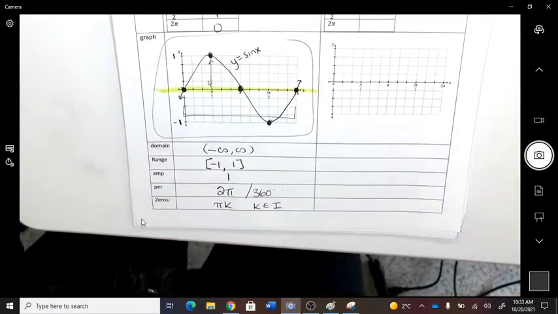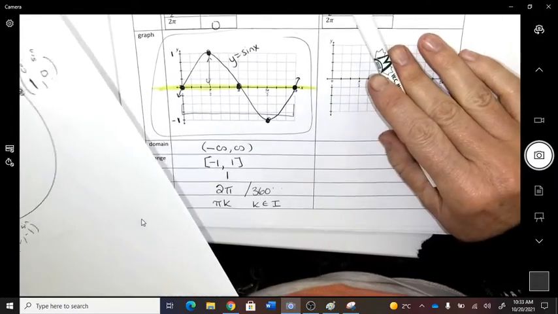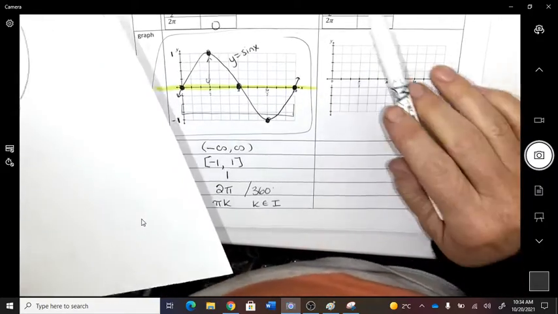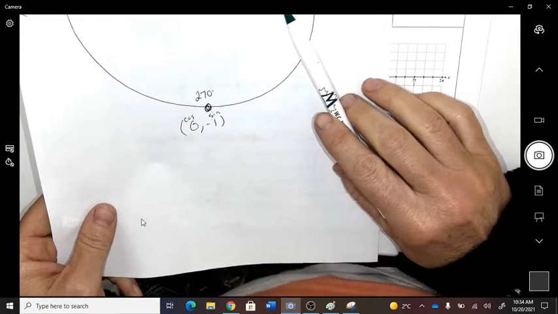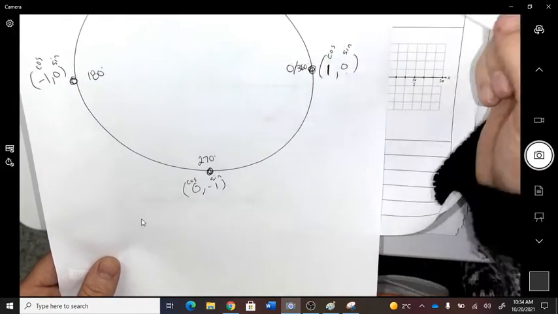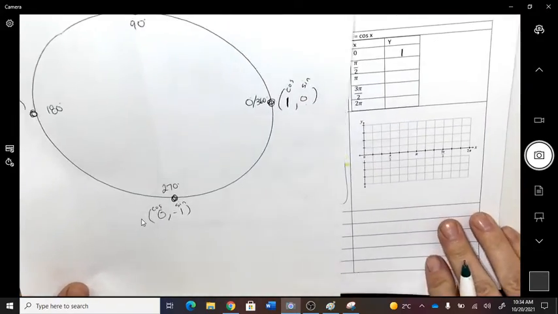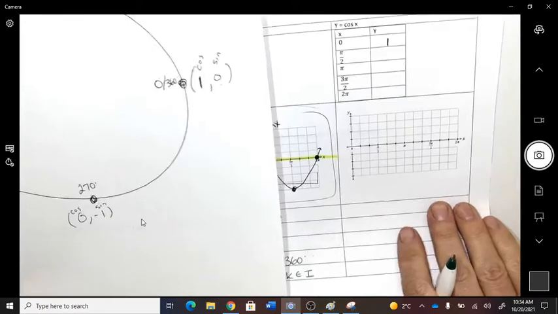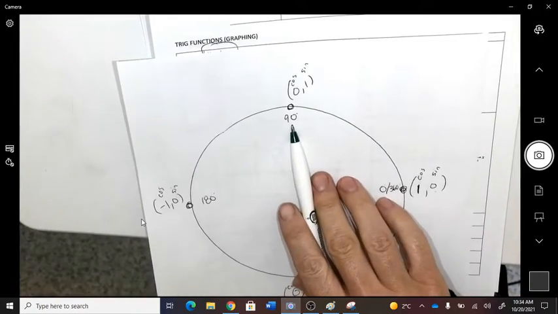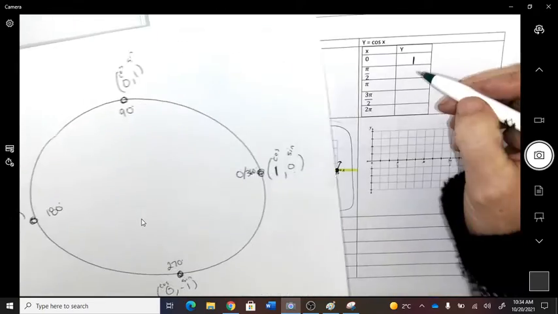Let's see what a cosine curve will look like then. I'm going to go back to this unit circle. At 0 degrees, the cosine was 1. At 90 degrees, the cosine is 0.